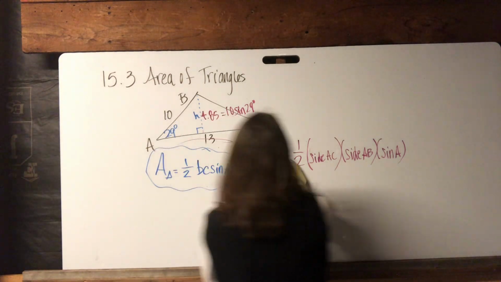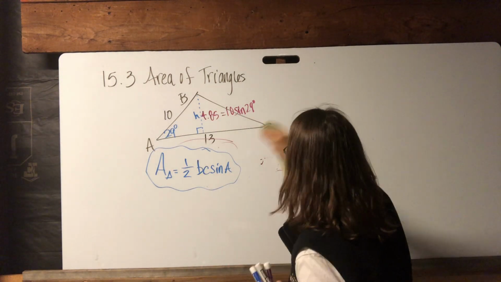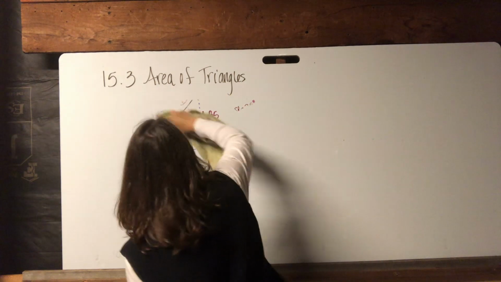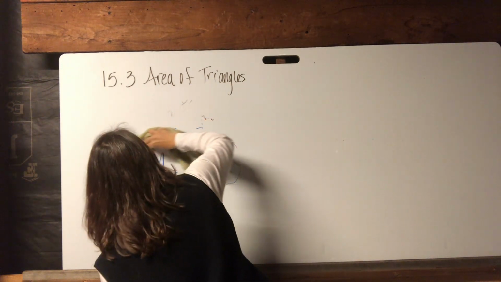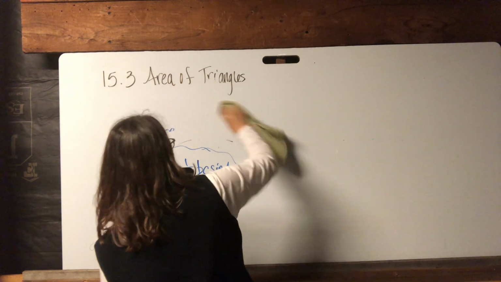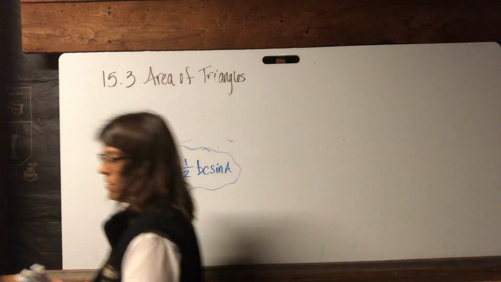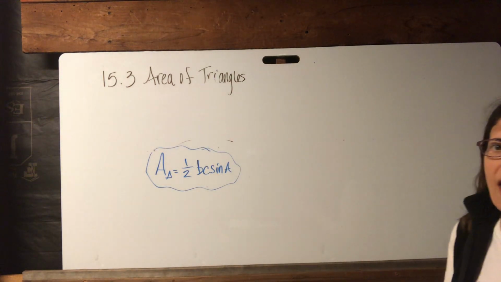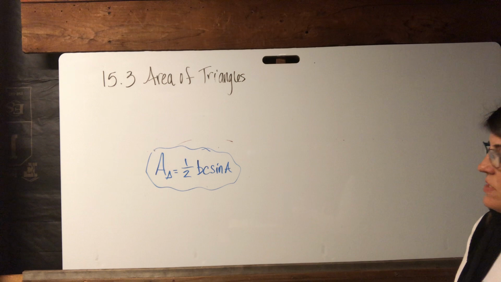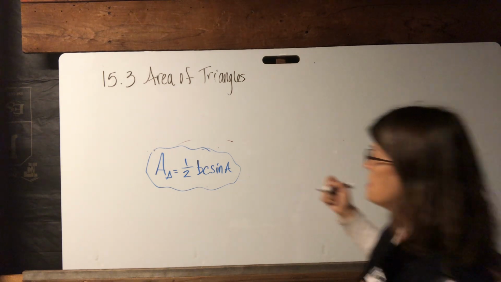And of course, there are variations. So the area is 1/2 the length of 2 of the sides times the sine of the angle.